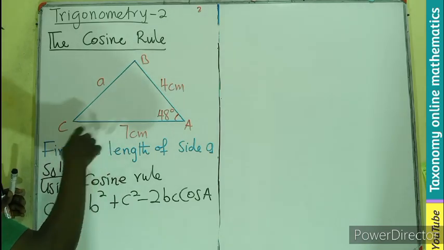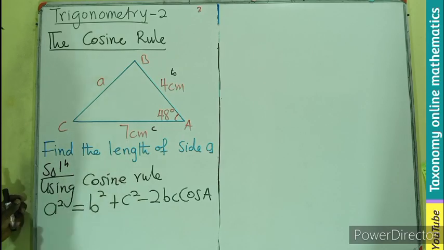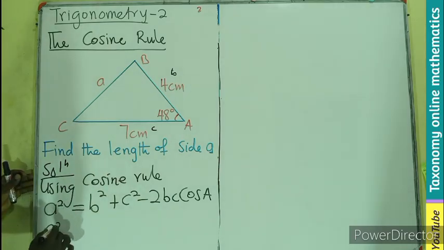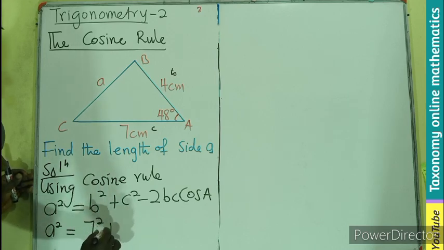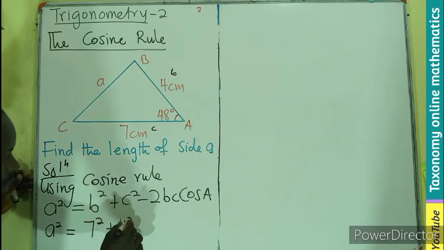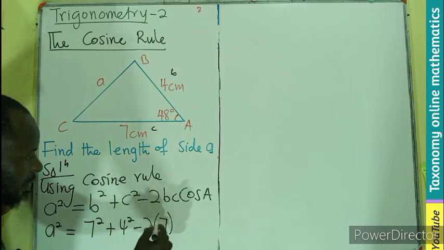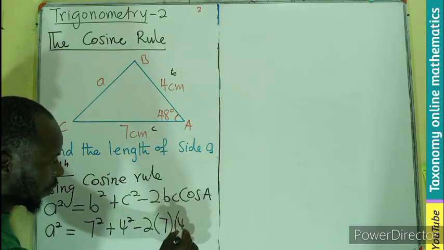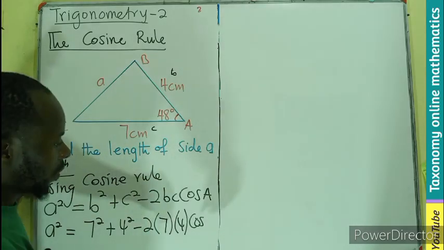So we can label here to be B and C to take care of the substitution. So a squared, we don't know the a, so we maintain it. B squared is 7, C squared is 4, minus 2, B is 7, C is what? 4.